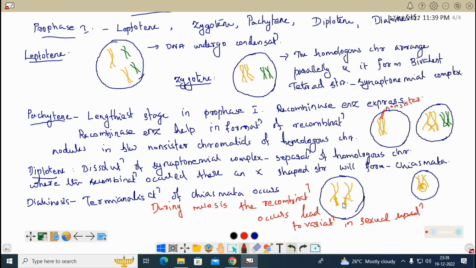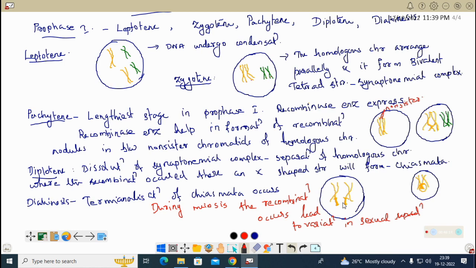And they will terminalize the chiasmata. So diakinesis is the end of prophase 1, and at the end of prophase 1 the chromosomes get completely condensed, and the meiotic spindle is assembled to prepare for the separation of the homologous chromosomes.